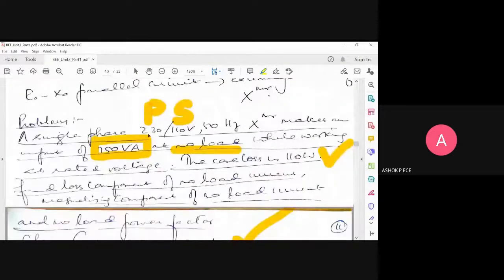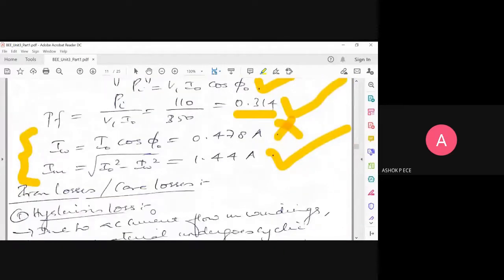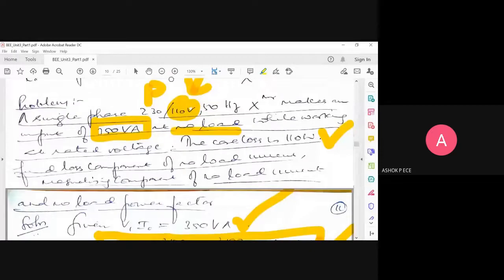Any doubts in this notation? Remember, 230 by 110 means 230 is primary, 110 is secondary. Here the secondary voltage is not of interest because our secondary is open at no load, so this 110 volt has no significance in this problem. We need only the value 230 everywhere. Any doubt in this problem?